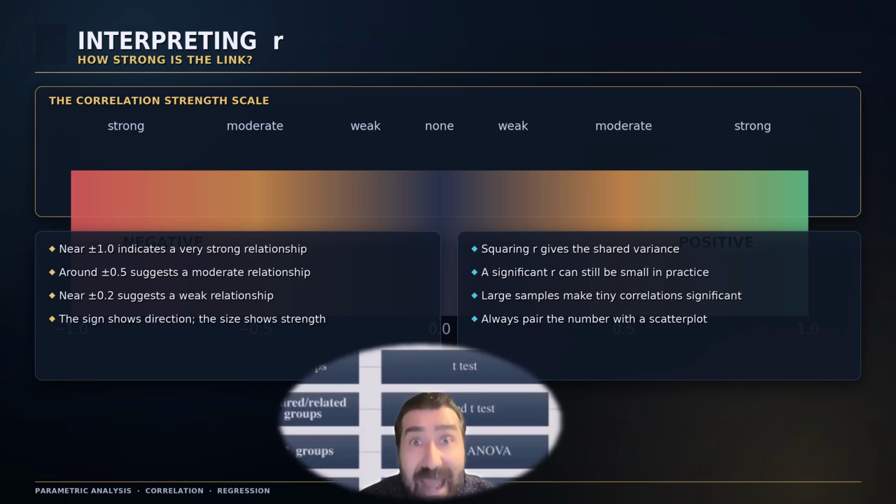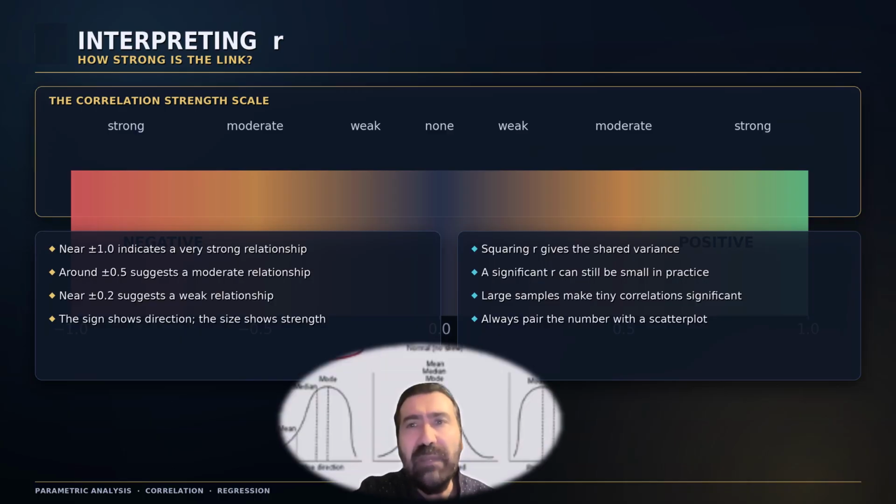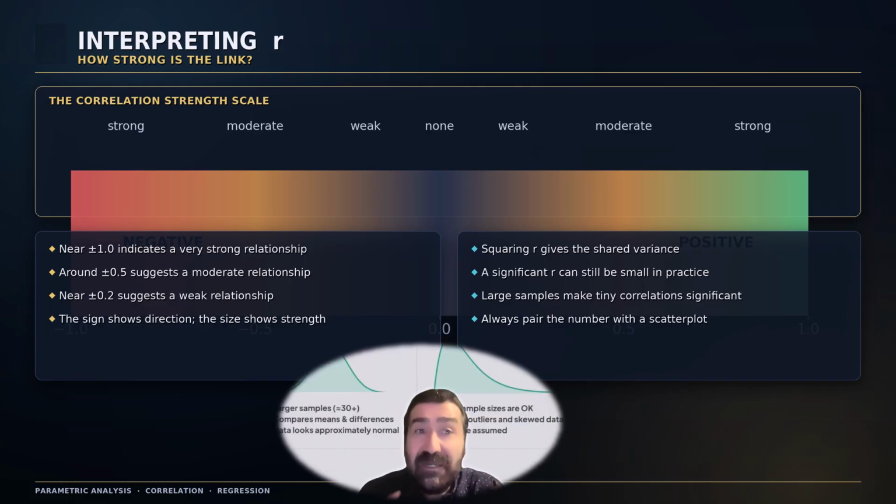At the very edges, close to plus or minus 1, you have a very strong relationship. The points line up almost perfectly. As you move inward towards something like plus or minus 0.5, you are looking at a moderate relationship. And as you drift in close to zero, the relationship gets weak and eventually it fades into nothing at all.